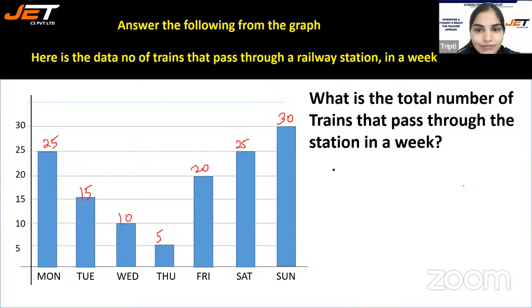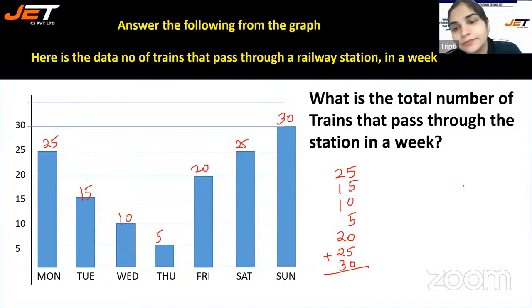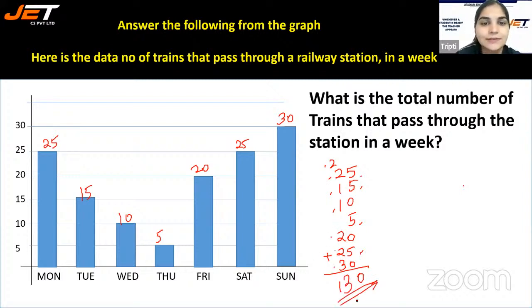So let's add them: 25, 15, 10, 5, 20, 25, 30. So 5, 5, 10, 15, 20, and so on, which gives a total of 130.